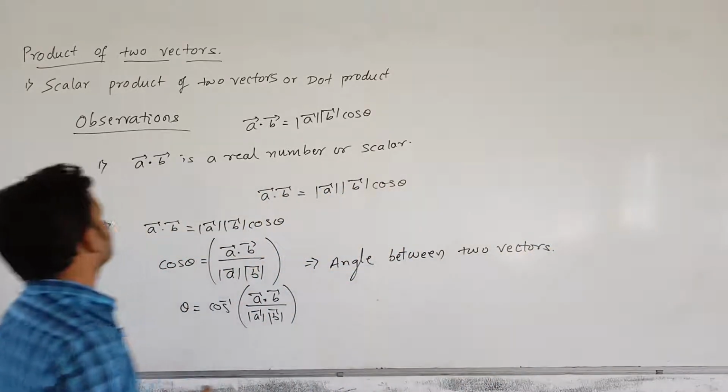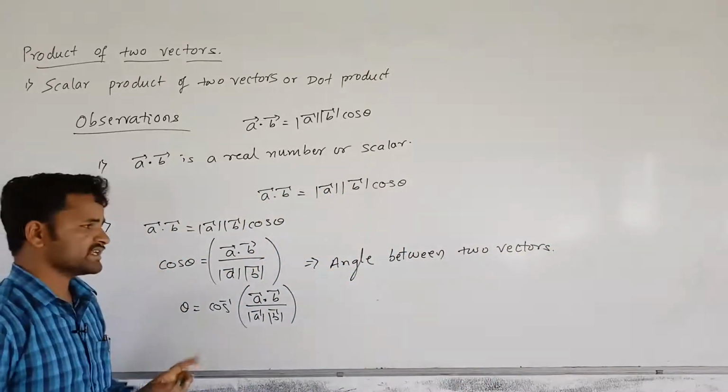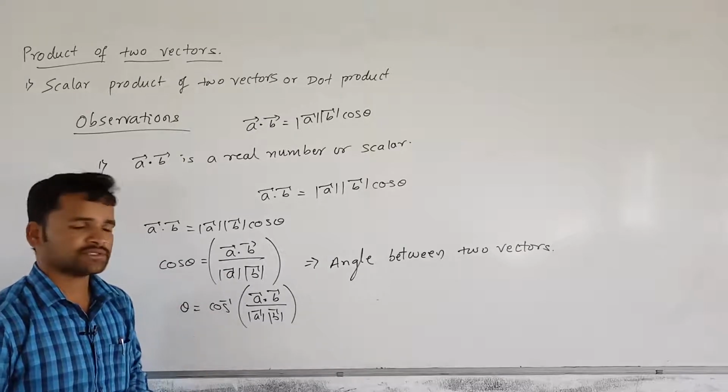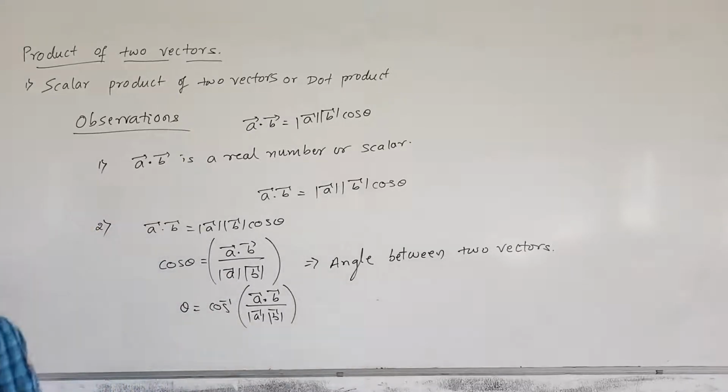This dot product definition we are rewriting to find out the angle between two vectors. You can use this as a standard formula.